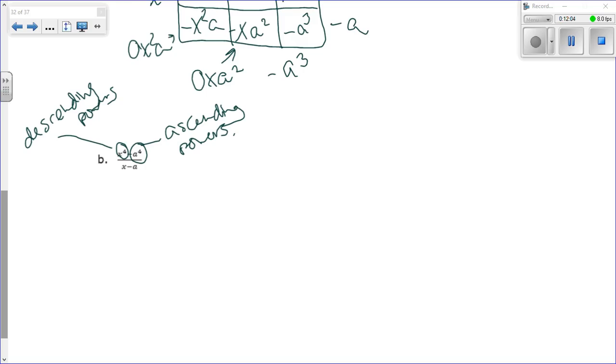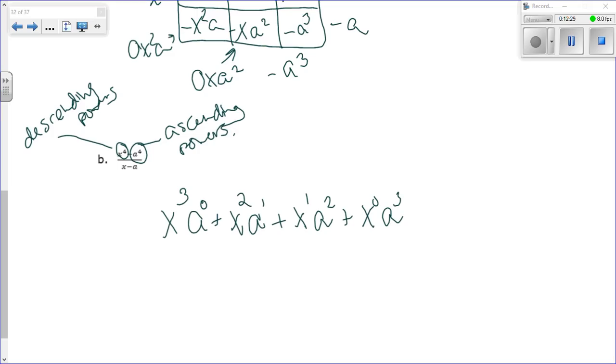I'm going to start with 1 less than x to the fourth, so it'd be x cubed, and then there would be a to the 0, plus x squared and then a to the first, plus x to the first, and then a to the second, plus x to the 0, a to the third. So you can see my x's powers are descending and my a's powers are ascending. And when you clean that all up, it's just x cubed plus ax squared plus a squared x plus a cubed. And that would be our final answer.